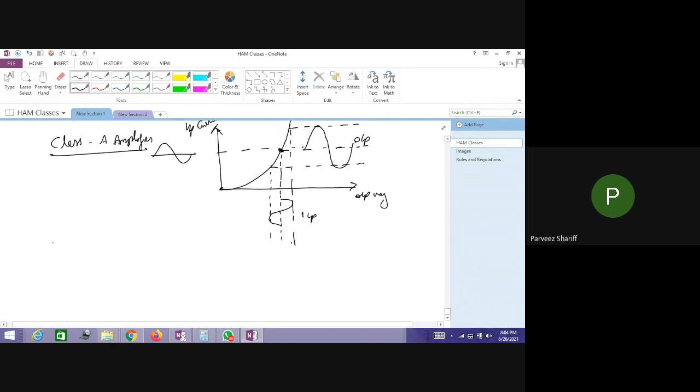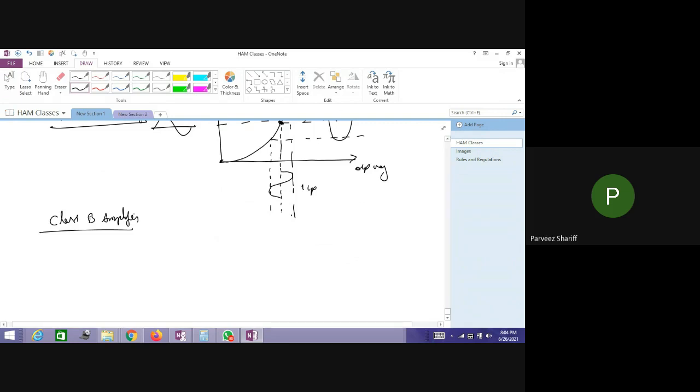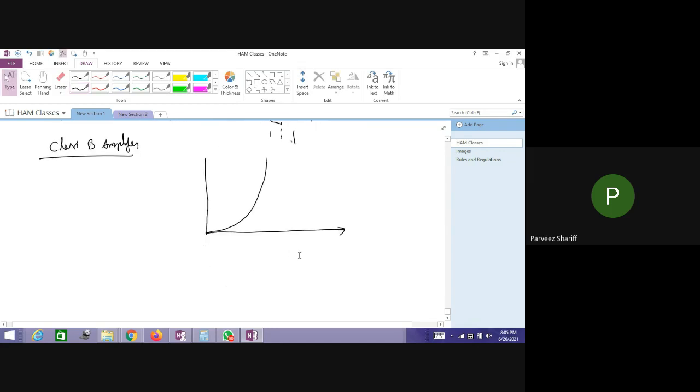So class B amplifier means, let us write a similar kind of graph, and now we have a transconductance line here. With respect to this, we select the point here and apply the input.